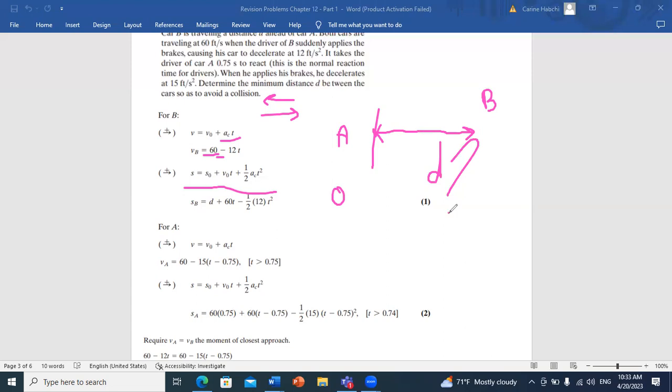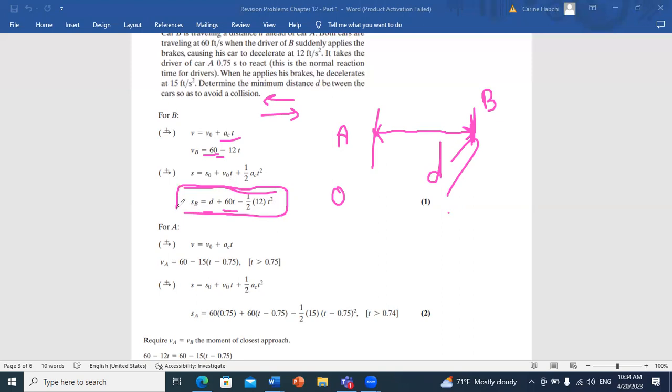So we should solve for this distance. This D represents the initial coordinate of B. So SB is equal to D plus 60T, which is V0 times T, minus 6t squared. So this is the equation for B.